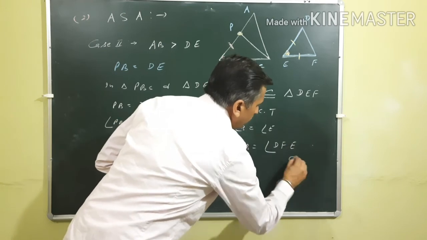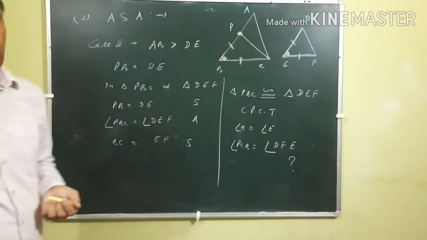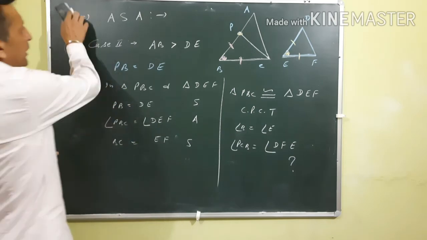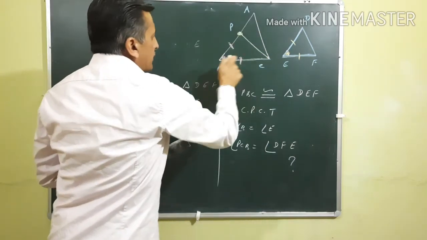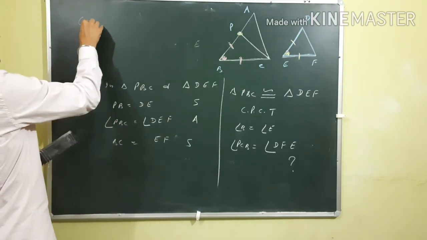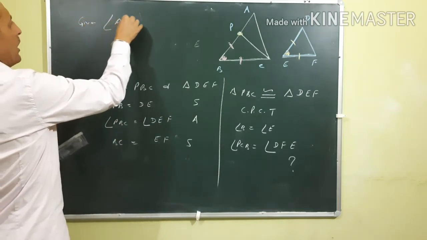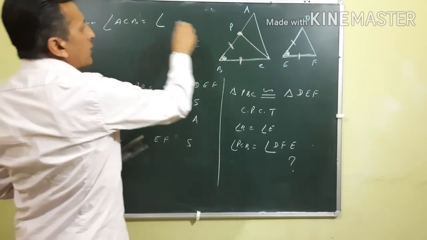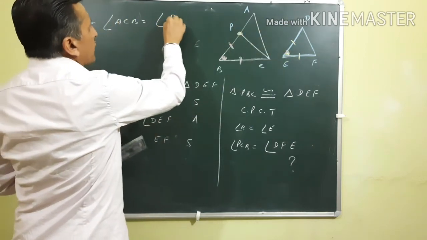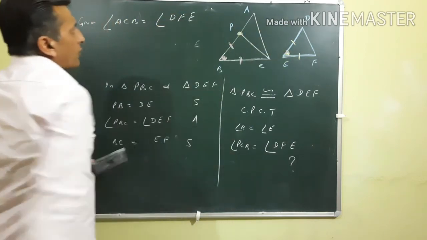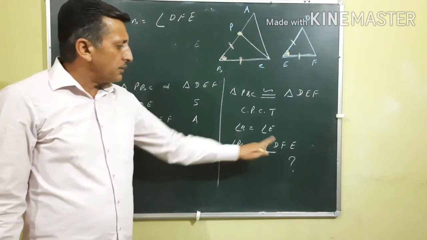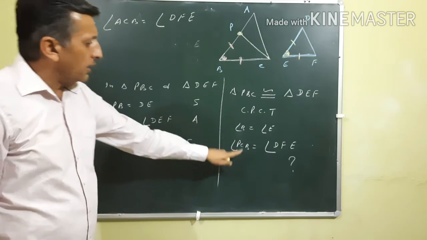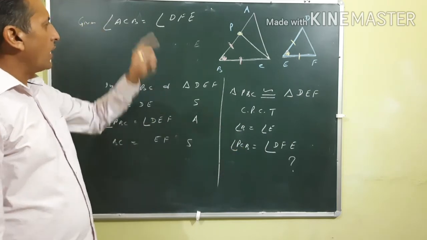Now this is your problem, because generally it is given that angle ACB is equal to angle DFE. Okay, so this is given, but here you have proved that these angles are equal. So this is a contradiction to the given.